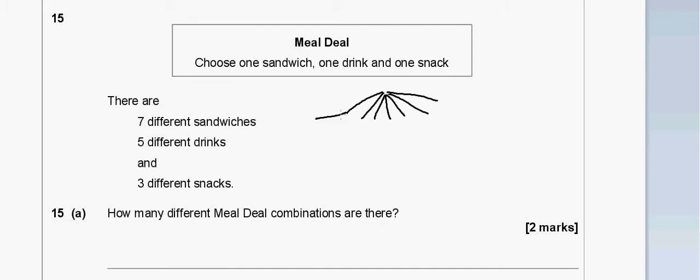So off of here you're going to have 5 drinks off of every one of these, and then you're going to have 3 different snacks, so you're going to have 3 lines come off of every one of those. Okay, so you could, if you wanted to, do a tree diagram. Okay, but what we can do is we can short circuit this.